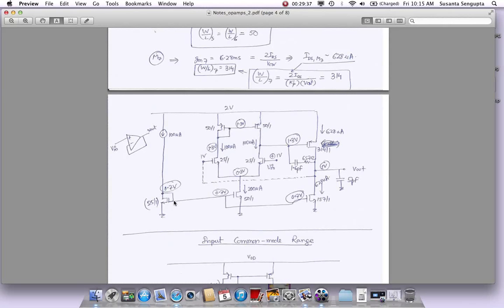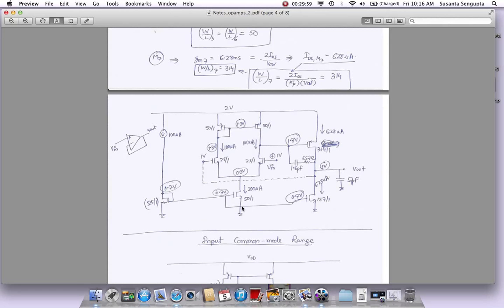VT is 500 millivolts, V on is 200 millivolts, so it's 700 millivolts. Same here. If this is 1 volt, this is roughly 300 millivolts, right? So we have a V on of 200 millivolts, 300 millivolts across this, so it's still in saturation. We would love to have this a little bit more, but we'll live with it for now.